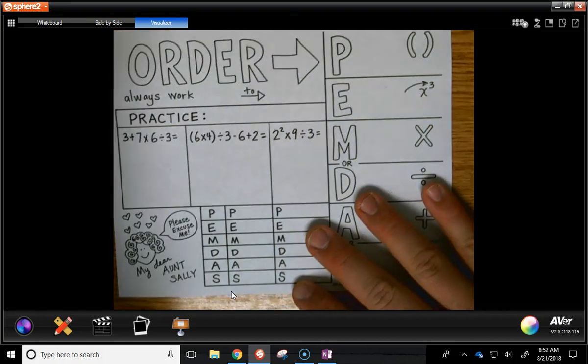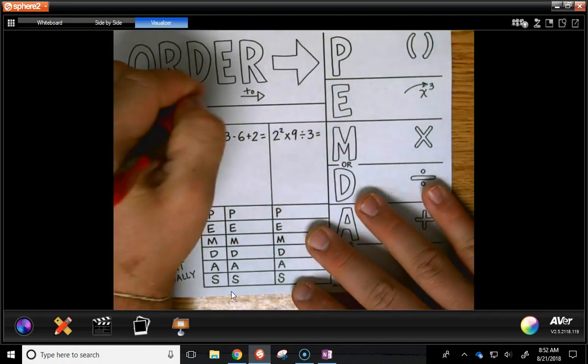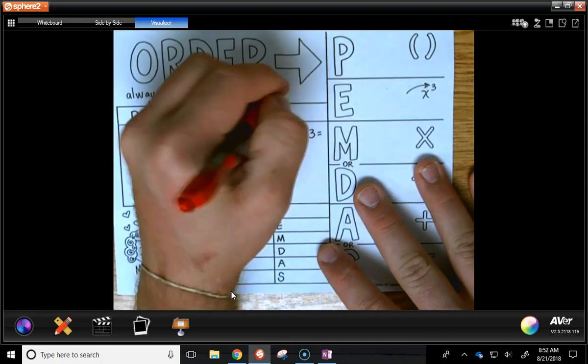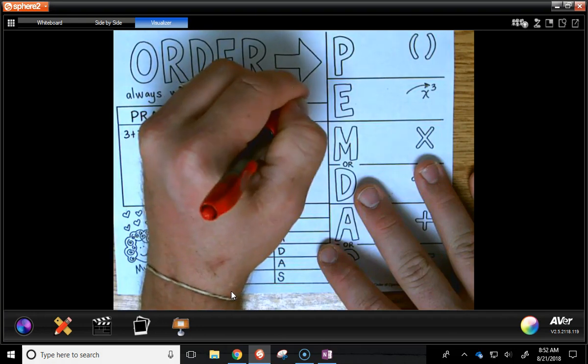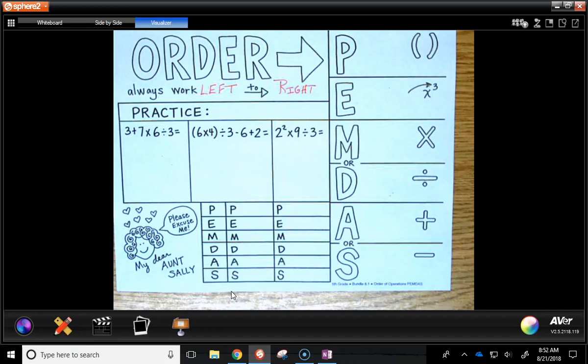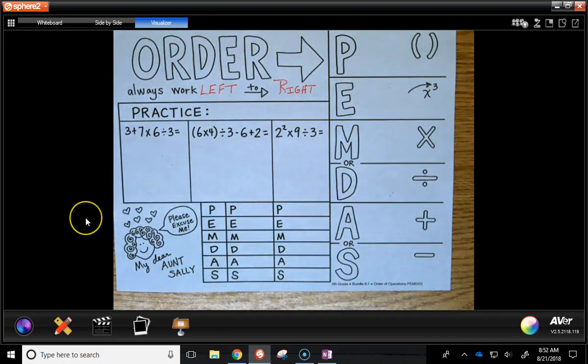Always work, I'm going to put it in red, we always work left to right when we read our expression or any problem that we're solving. Left to right. And that's so important when we get to the multiply or divide, or addition or subtraction. It's whichever one of those comes first, left or right.